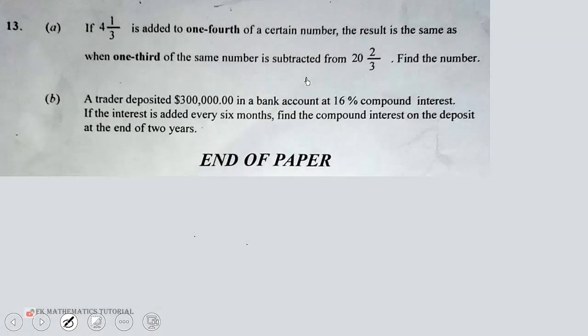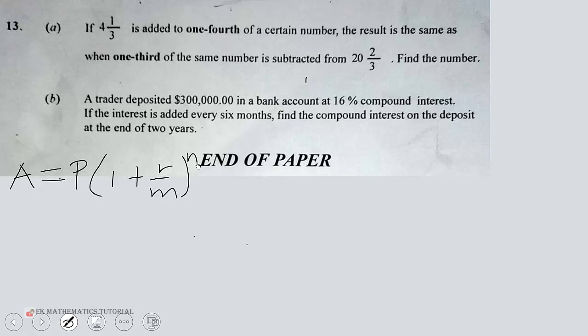The B part says a trader deposited $300,000 in a bank account at 16% compound interest. If the interest is added every 6 months, find the compound interest on the deposit at the end of 2 years. So the amount realized at the end of the 2 years is given by the compound interest formula A equals P into 1 plus R over M exponent N, where M is the number of times we add the interest in a year.